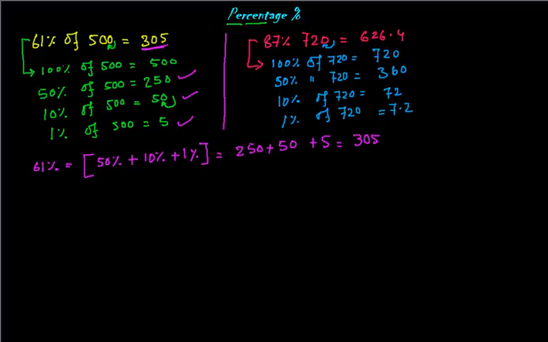Now I have to find 87%. I can write 87% in several ways. Either 90% minus 3%, or 100% minus 13%.